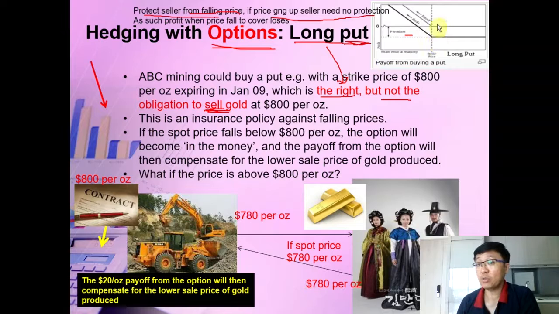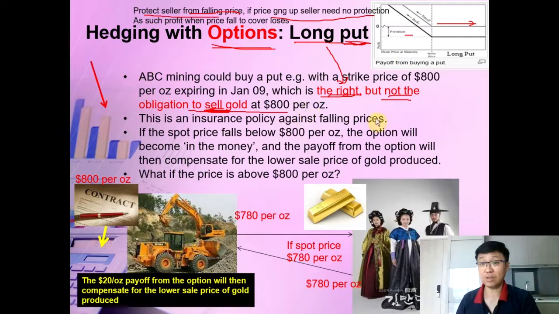If the price goes up, basically you'll lose the premium. That's this part of the long put, right? Because they're going to walk away from this contract, right? They're not going to honor it. They have the option. They just bought the right, not the obligation, to sell at this price, right?